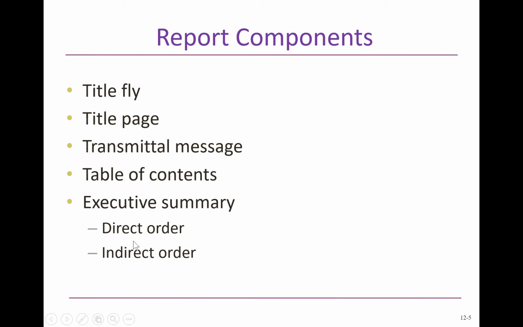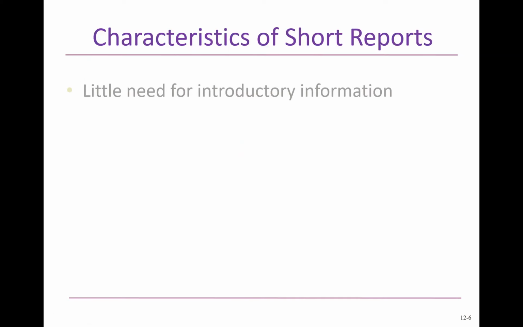And if it is negative news, negative result, meaning the impact on the organization is maybe negative, then you will use the indirect approach. Indirect approach means here you will write the other things first, and then you will write the findings. In direct order you write the findings first, and then you will include other things. I'm showing you here maybe a little bit later.